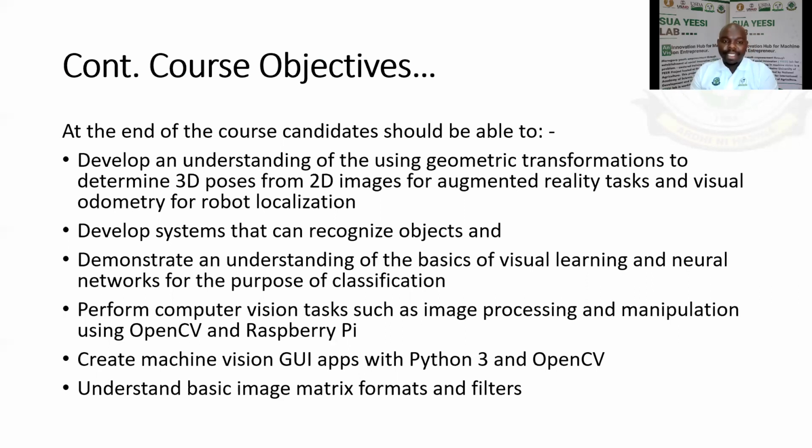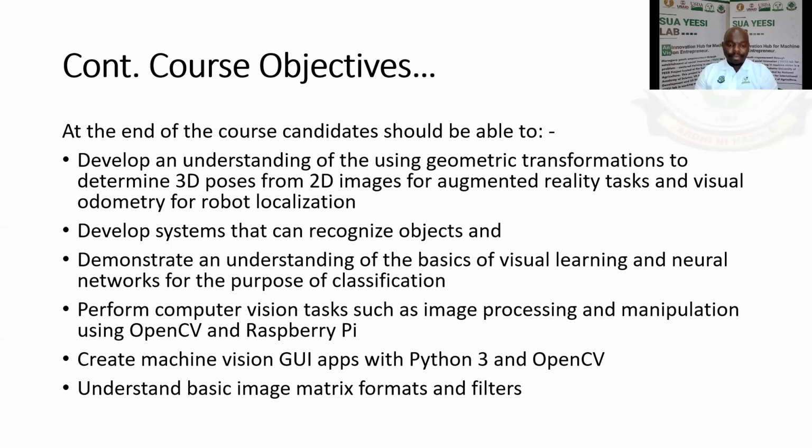And then develop systems that can recognize objects and demonstrate an understanding of the basics of visual learning and neural networks for the purpose of classification. This is quite important. Perform computer vision tasks such as image processing and manipulation using OpenCV and a Raspberry Pi. You can use a Raspberry Pi, or you can use any other Linux-based computer, like Ubuntu.